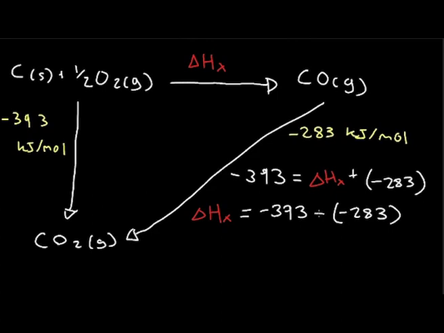Now, when we have a minus and a minus, we know we can add. So the unknown change in enthalpy would be negative 110 kilojoules per mole.